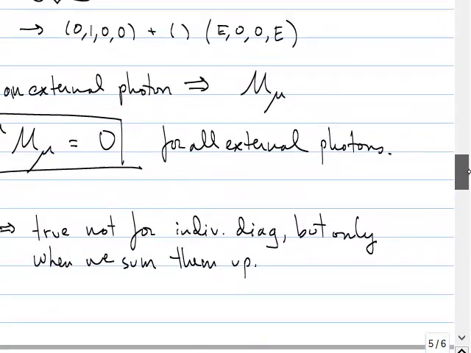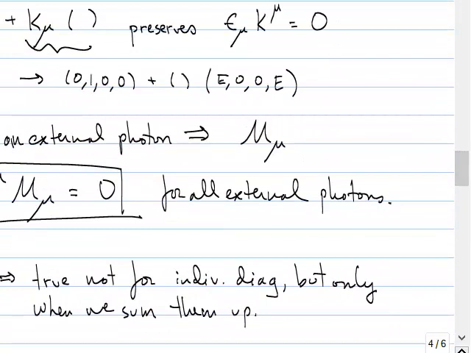Okay. Remember, what do we do with an epsilon? What we do with an epsilon is we contract it with an amplitude in order to give you an amplitude to scatter into a particular polarization state. Okay. So, if this scattering matrix vanishes when you contract it with the momentum, then that means that if I just made the formal replacement where I replaced epsilon by k, the answer should be 0.